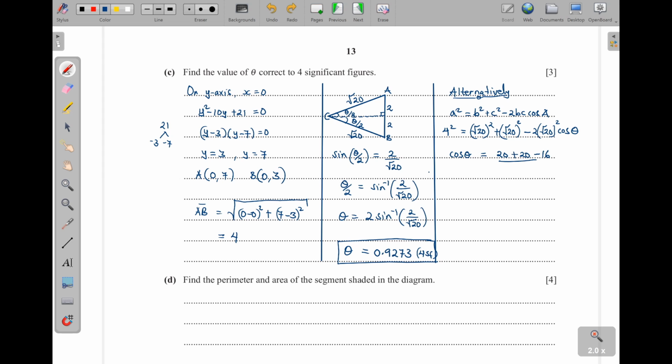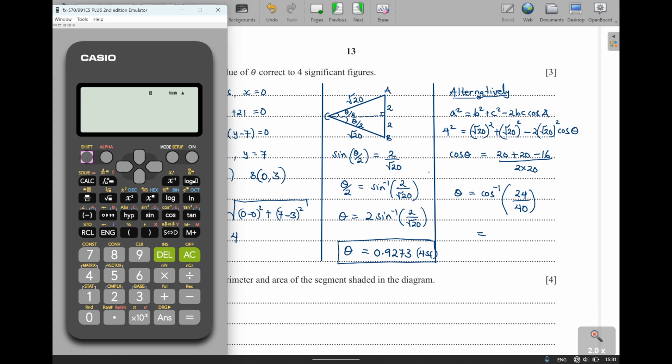So divide by, this is 2 times 40. Sorry, divide by 20, because the square cancels the square root. So our theta is therefore going to be the arc cos of, this is 40 minus 16, that is 24, then out of 40.